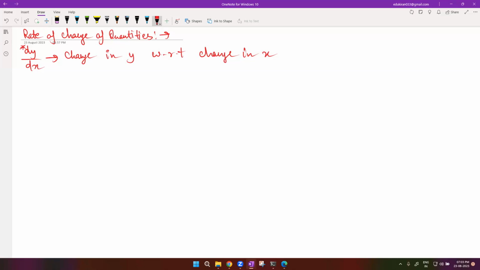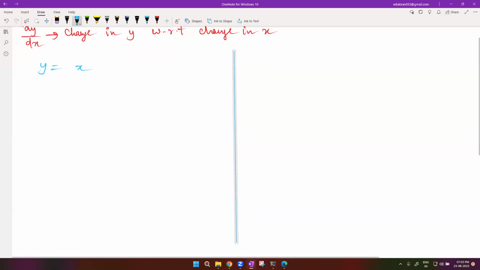Okay, so let's take two expressions now. First, y is equal to x. The second one is y is equal to x square, right?